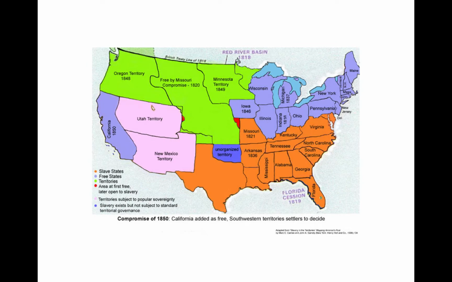If the free states could ignore the Constitution, they could ignore the Fugitive Slave Act too. So what you got in the Compromise of 1850 was a compromise that favored the opponents of slavery and gave the slave owners symbolic concessions, which is exactly the opposite of what you saw 30 years earlier in the Missouri Compromise and what you saw 30 years before that in the Constitution.